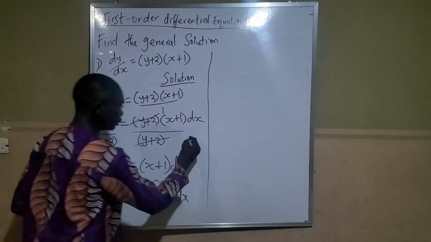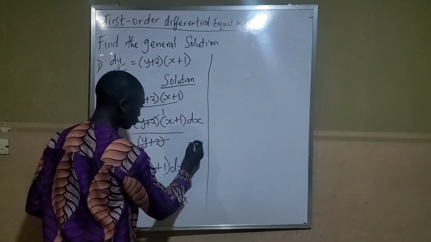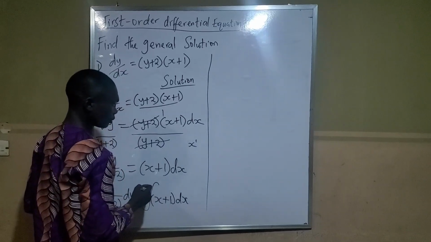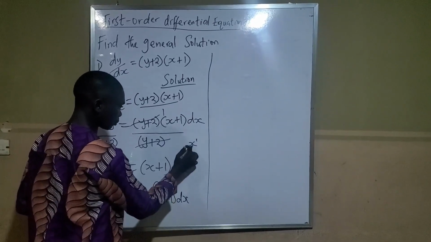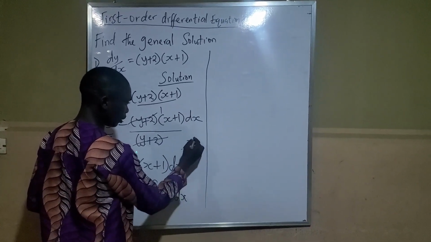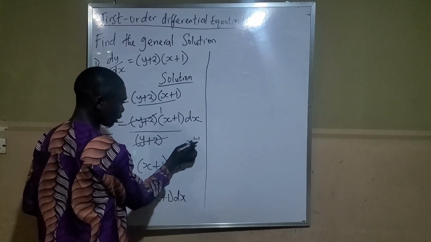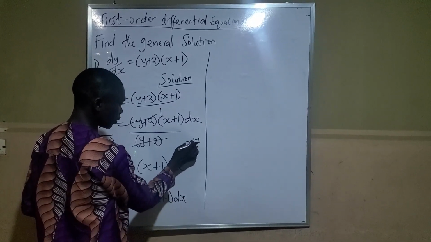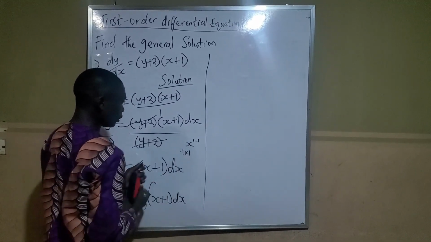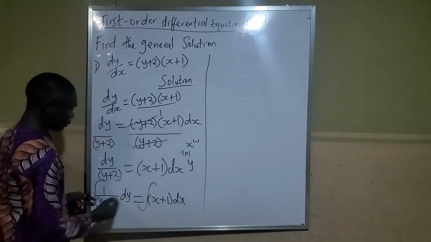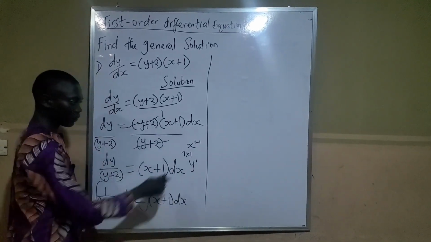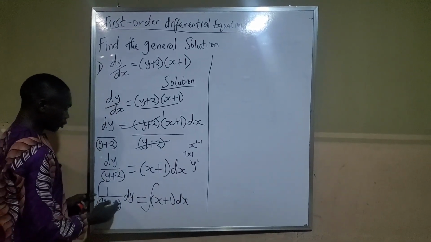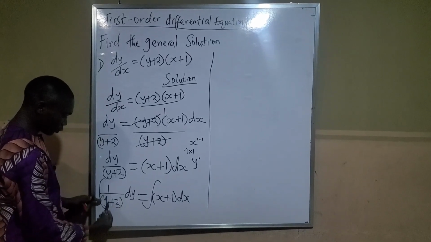It's just like in normal differentiation, if you are differentiating x raised to the power of 1, you use the power to multiply it, which is 1 times, and you subtract 1 from the power. This will become 0. x raised to the power of 0 will become what? 1. So likewise, y here is the same thing as y raised to the power of 1. Whenever you differentiate this y, it will give me 1, and the 2 will give me 0. So it will still give me 1.